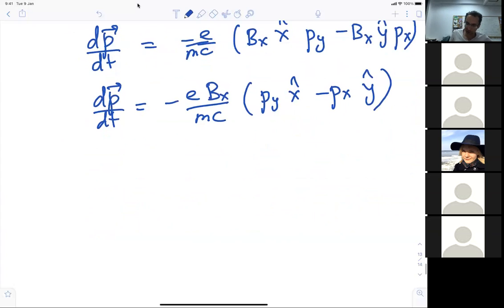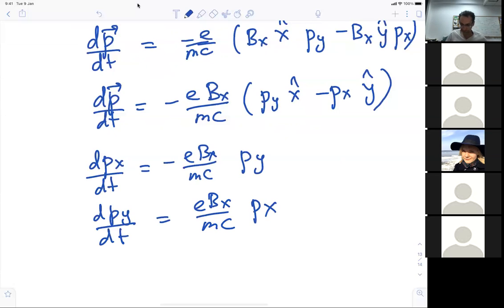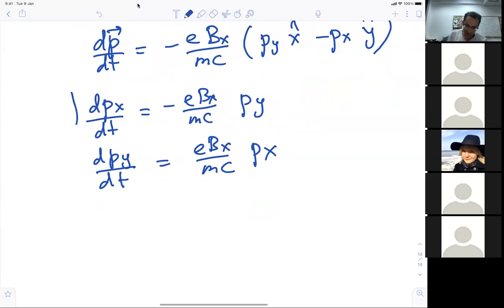So if I project this equation onto x and y components, then dpx with respect to dt will be equal to minus e Bz over mc py, and dpy with respect to dt will be equal to e Bz over mc px. Okay, so this is the equation.